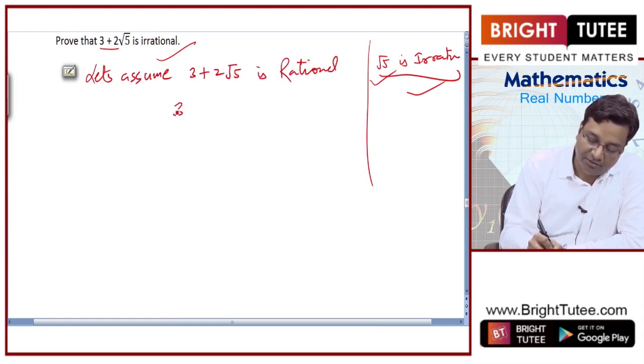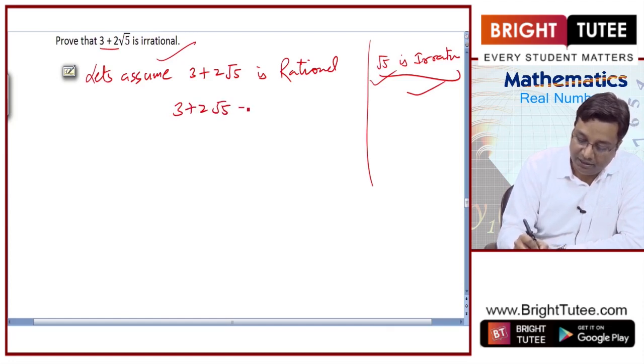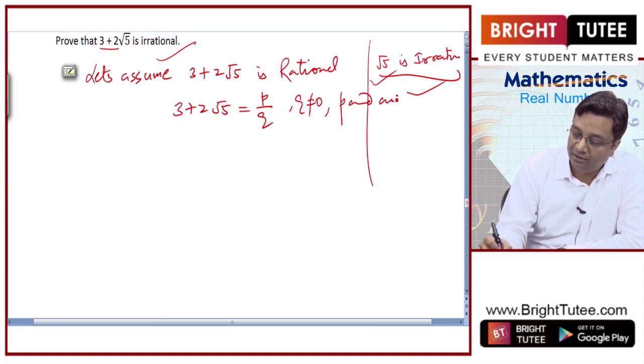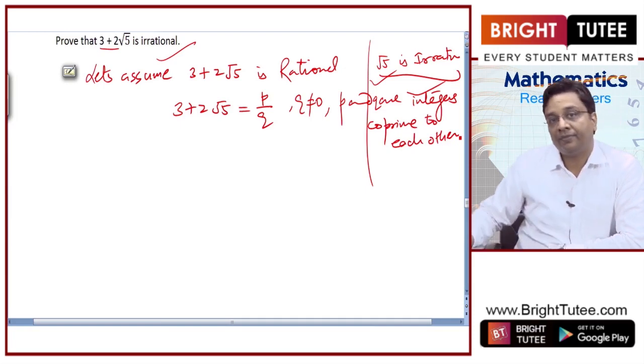So based on this assumption we can write this equal to p by q, where q is not equal to 0. P and q are integers co-prime to each other, right?